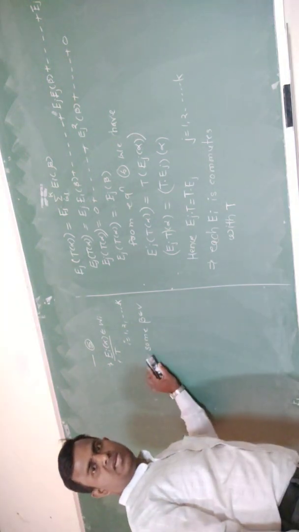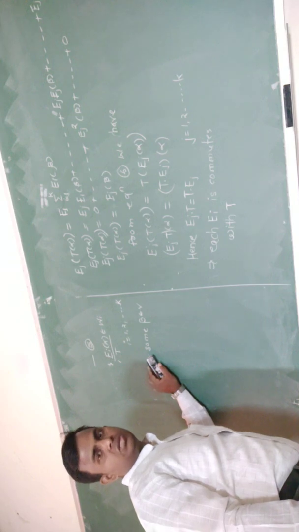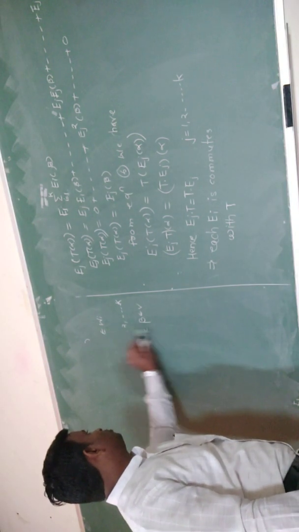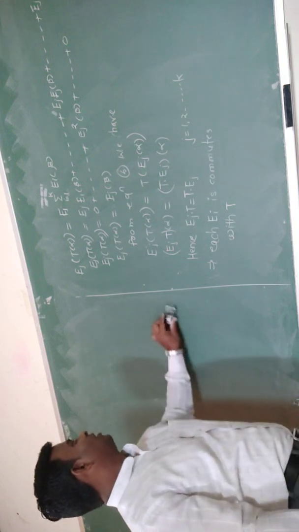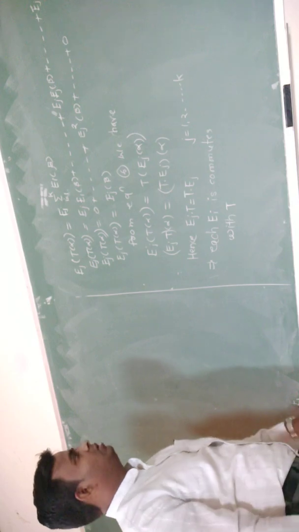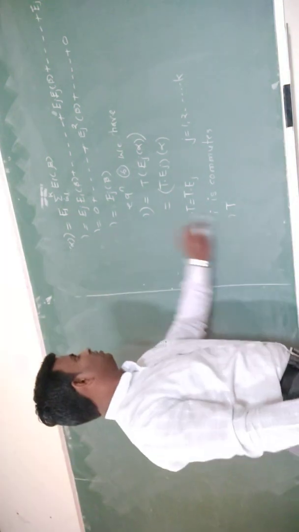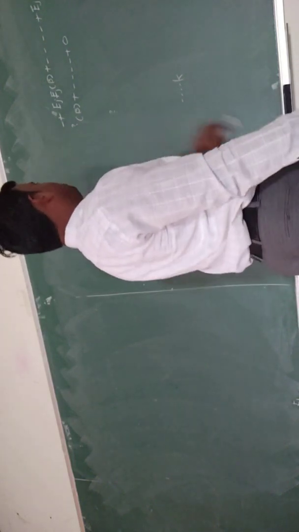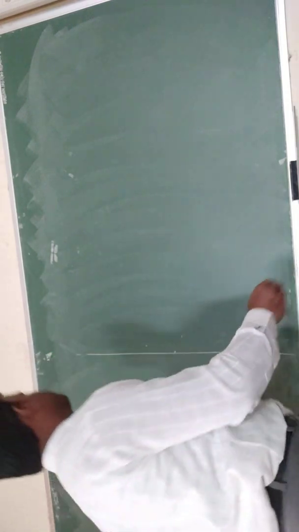And one more theorem is there, the primary decomposition theorem. Only the statement is there, so there is no need to prove that theorem because in the syllabus we have only the statement. The proof is not required. Before that we see the definition of invariant direct sum decomposition.